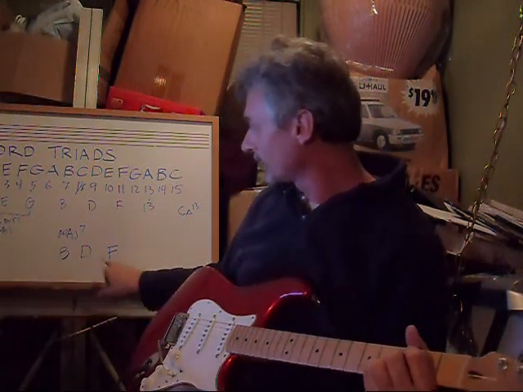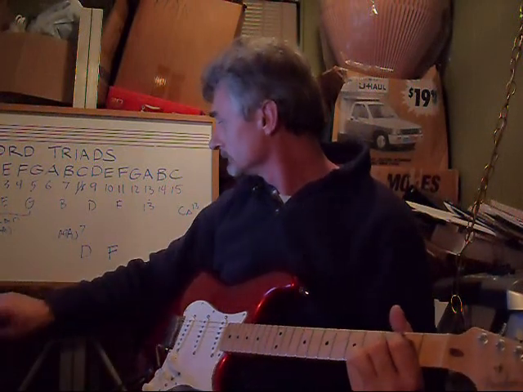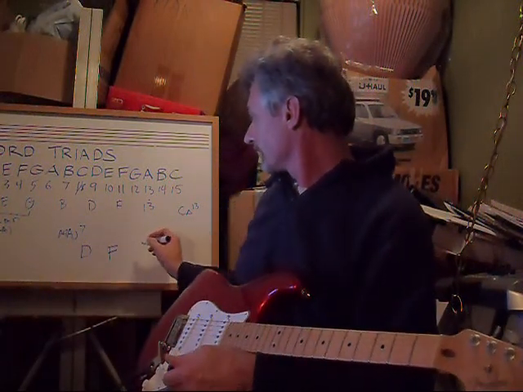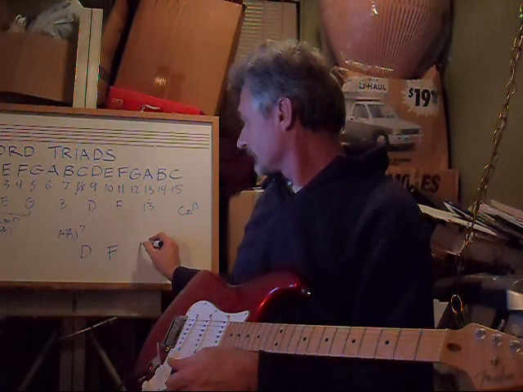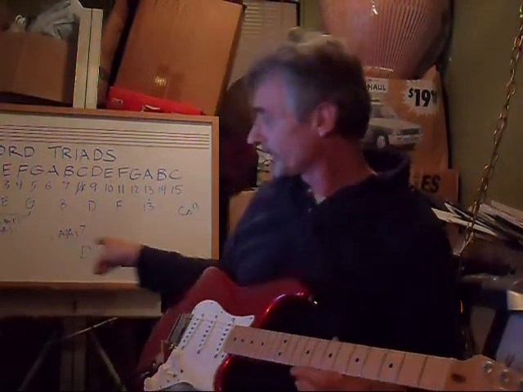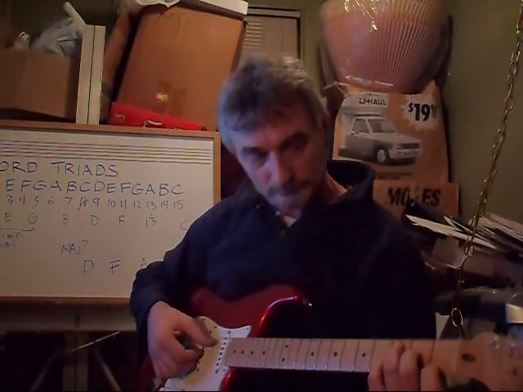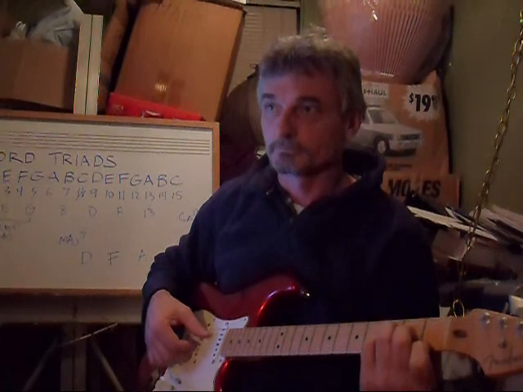Okay, that gives us a C major 11. Now I'm going to add that 13th there, which is my A note. So I have a C with a D triad. It's actually a D minor triad.